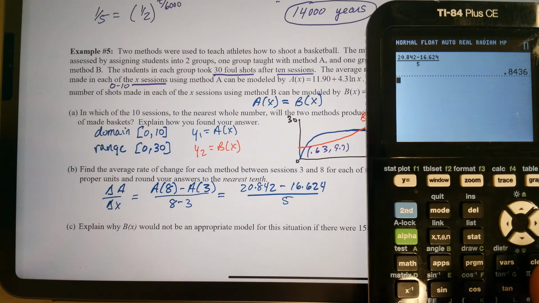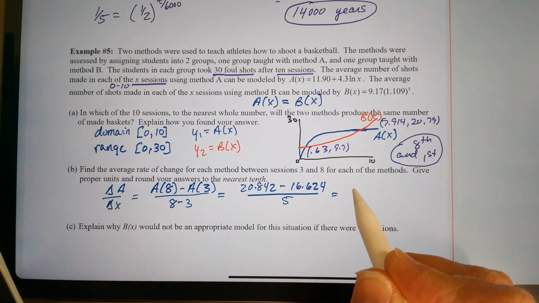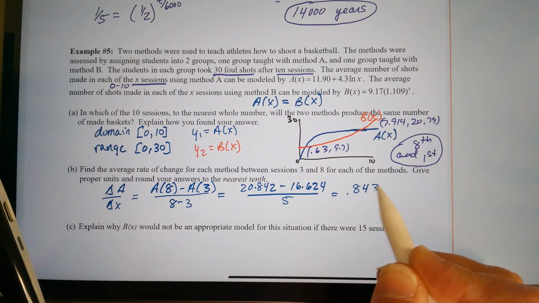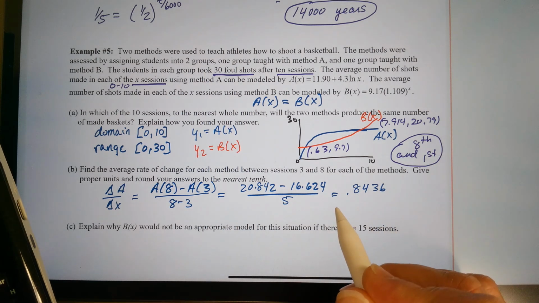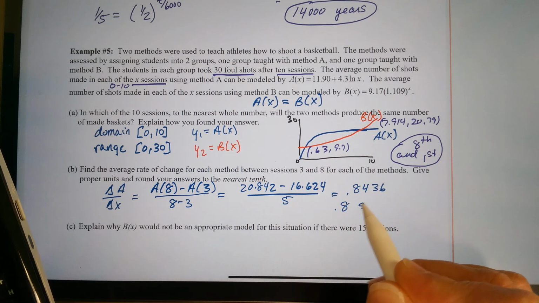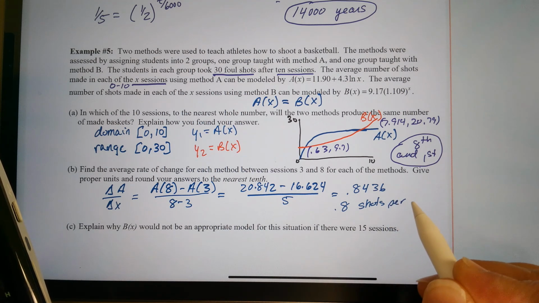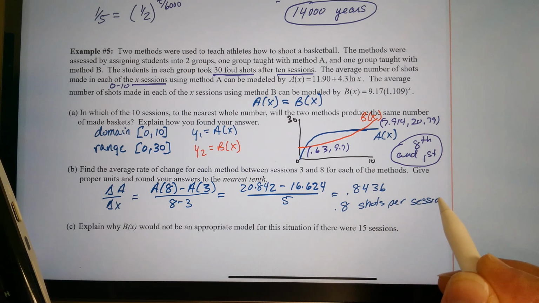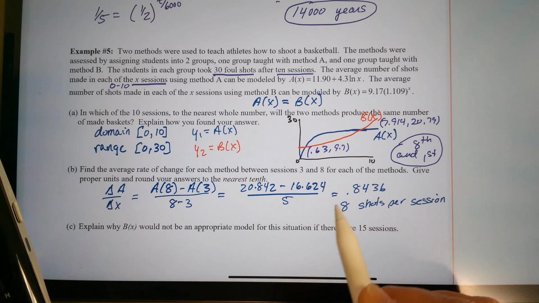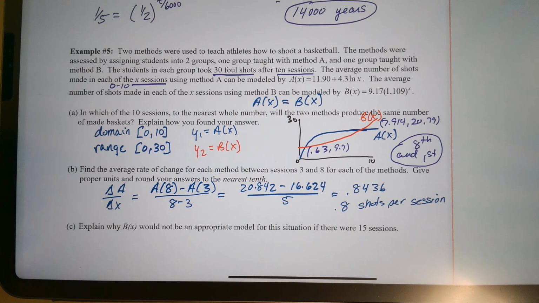That gives 0.8436. To the nearest tenth, this would be 0.8 shots made per session. And we'll stop there. Thank you very much.